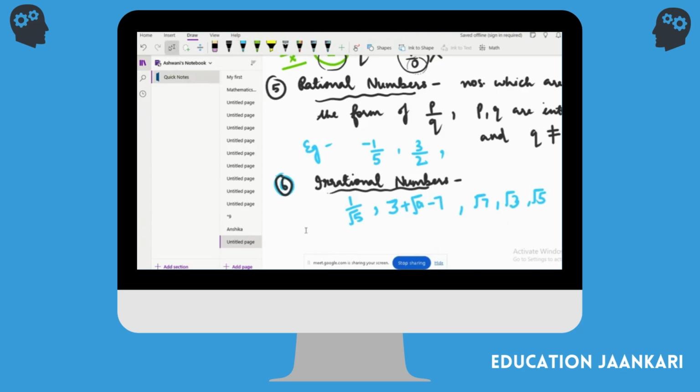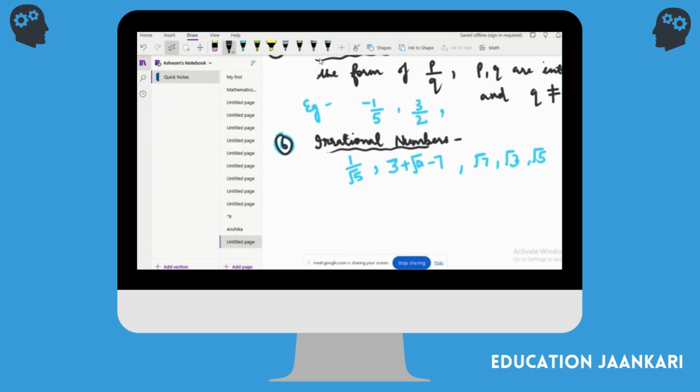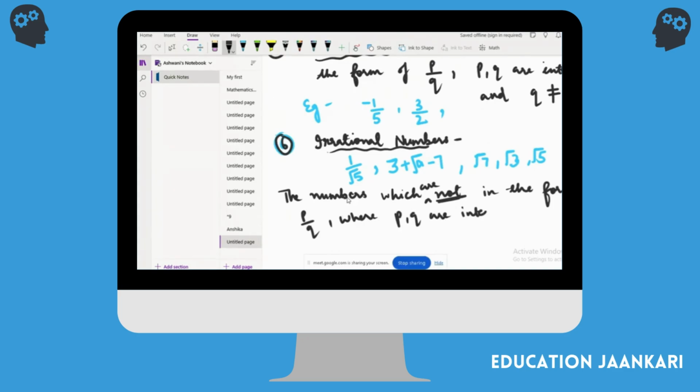Yeah. So irrational numbers are just the numbers which are not in the form of p upon q. Just opposite to rational numbers, irrational numbers are numbers which are not in the form of p upon q, where p and q are integers and q is not equal to 0.